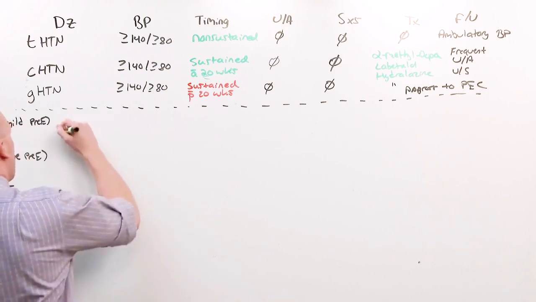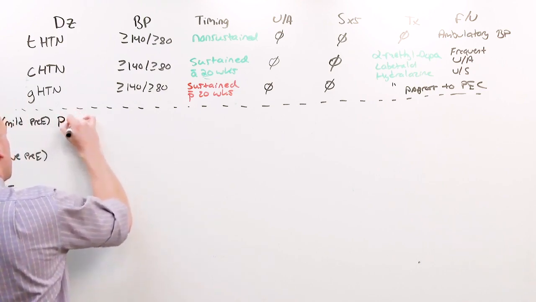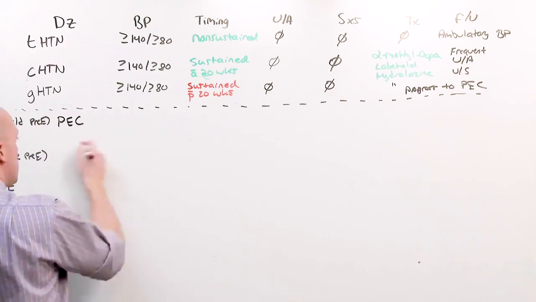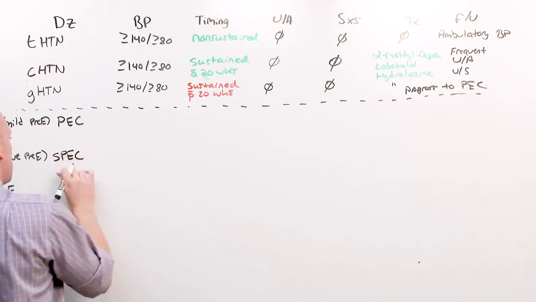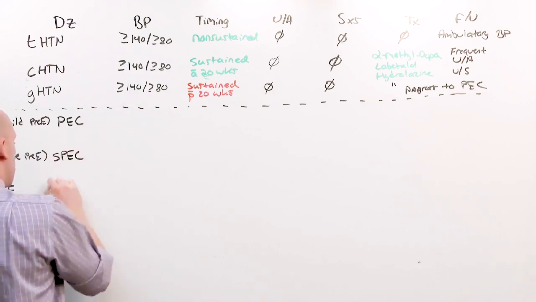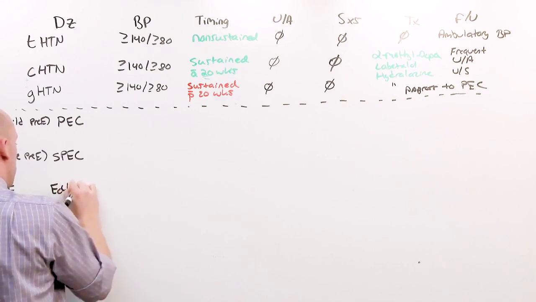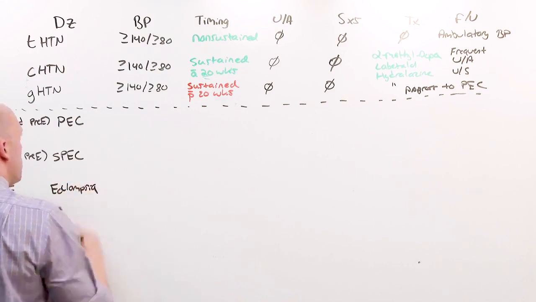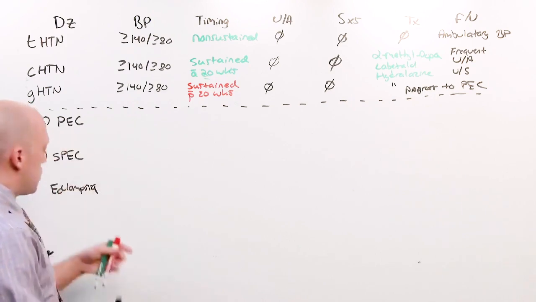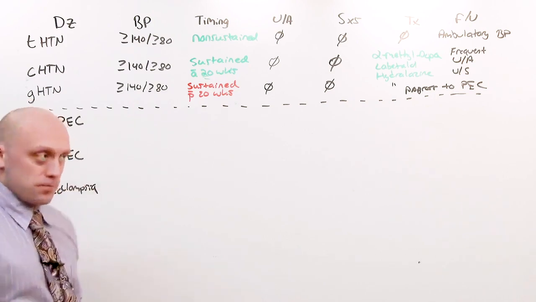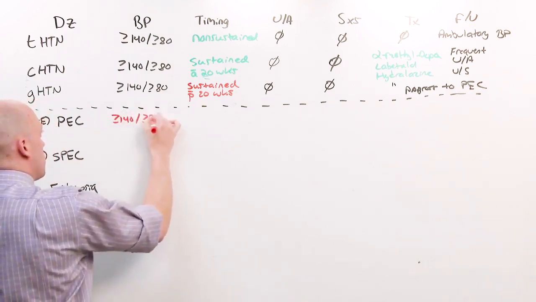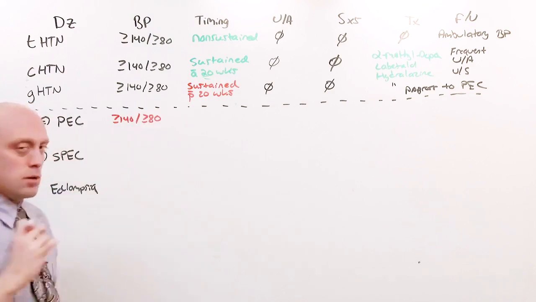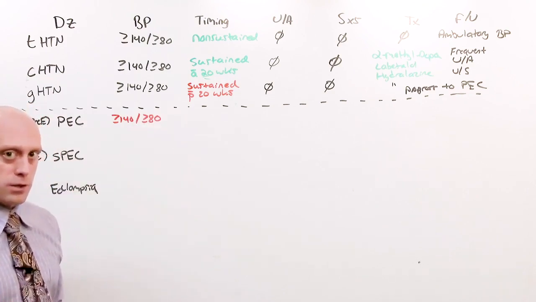Now instead we call them preeclampsia without severe features, PEC, or SPEC for preeclampsia with severe features, and still eclampsia. When you have reached the level of hypertension, 140/90, again, it's an or statement, that categorizes preeclampsia without severe features.